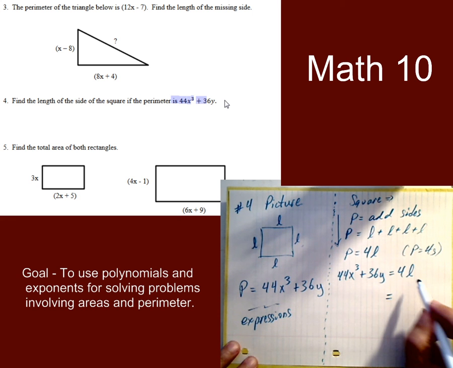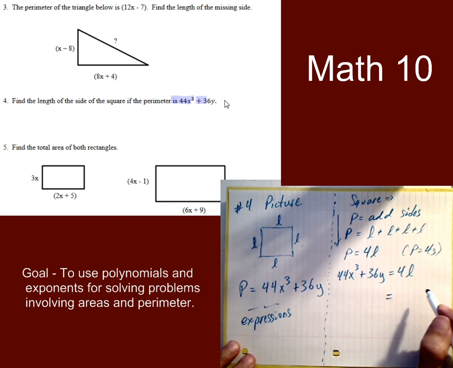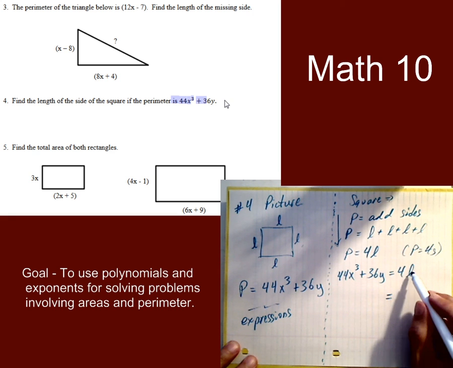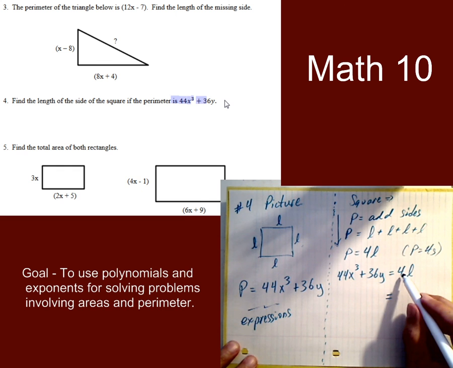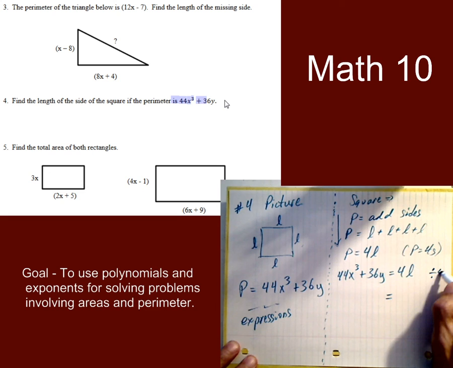So, to get the length, we got to get the 4 out of the way. The length here is multiplied by 4. So what we do is we divide everything by 4.